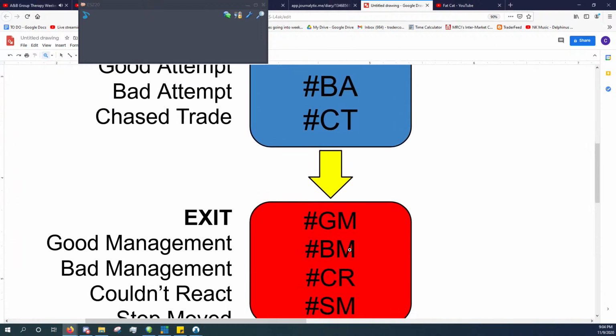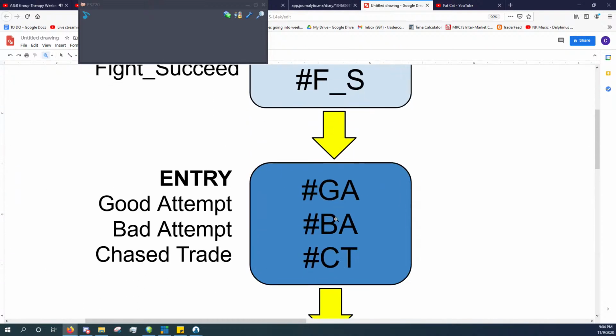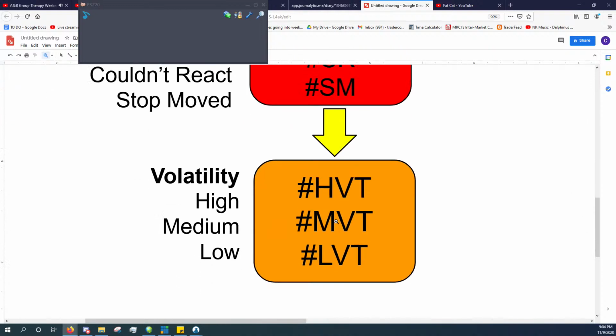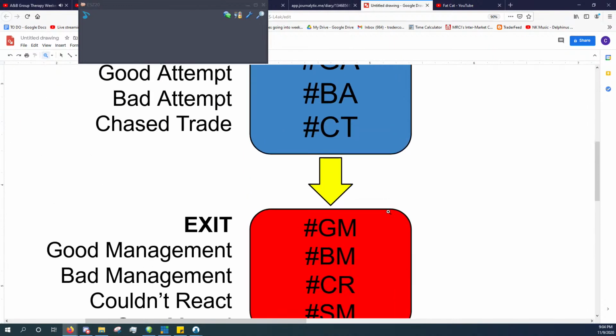Initially I'll look at stats on each one of these hashtag pairs in one of these boxes, and then I'll put combinations of them together. That way it'll paint a bigger picture. And if this hashtag pairing system gets fixed, I will share a video on how I do that.